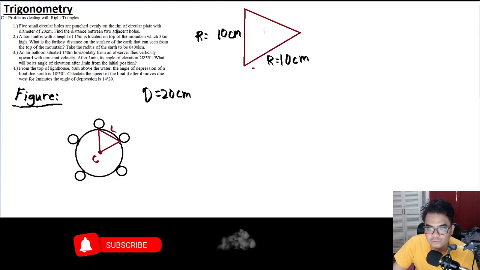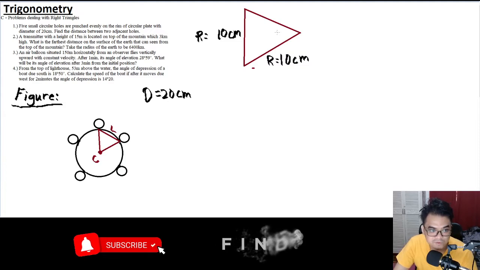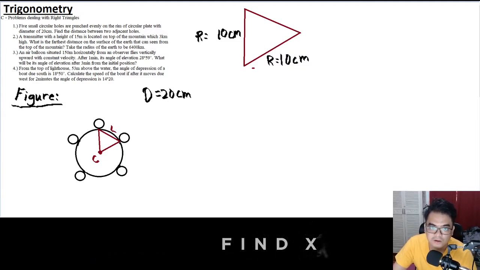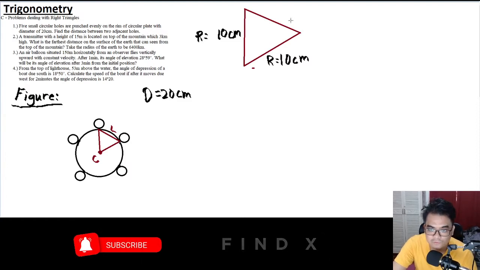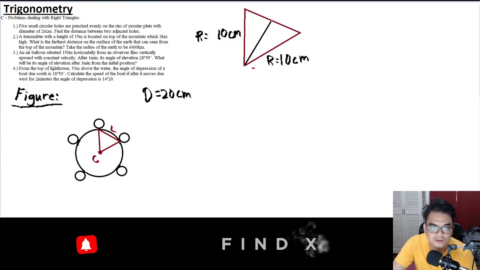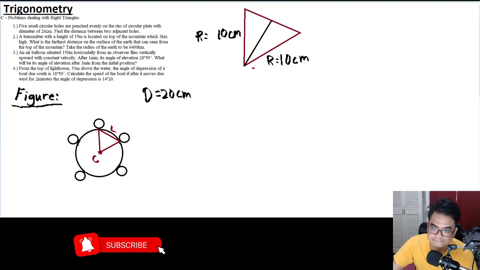Since the topic for this one is right triangles, we must be able to make a right triangle here. If you want to make a right triangle here, all you have to do is make a line here, so this part of the triangle is a right triangle.